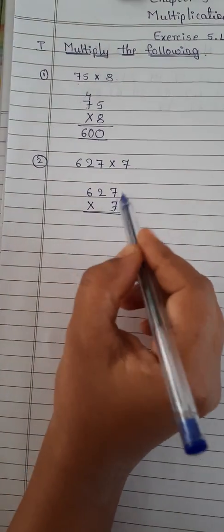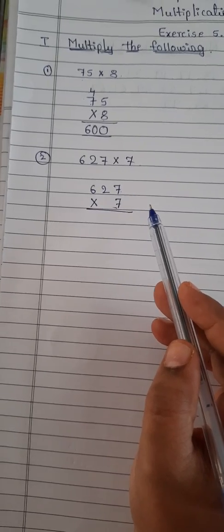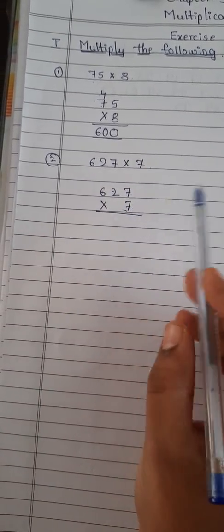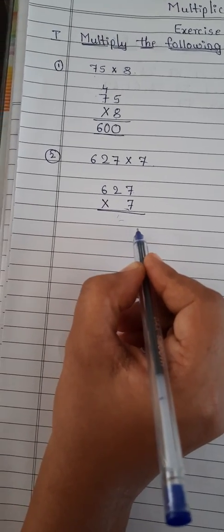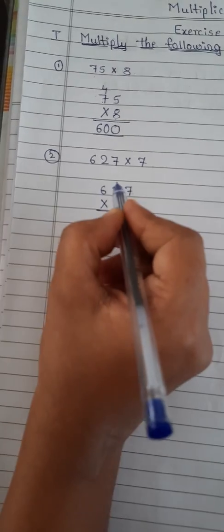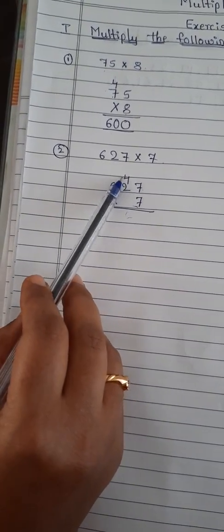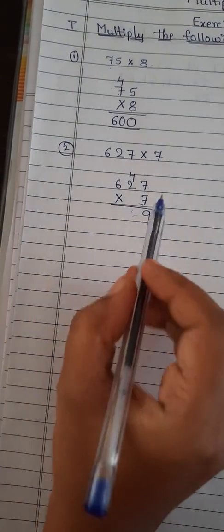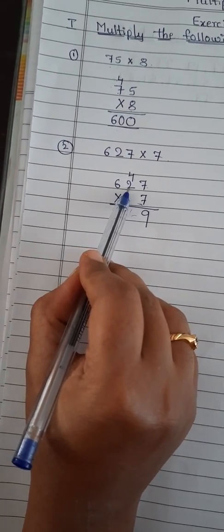Same. 7 7s are, say 7 1s are 7, 7 2s are 14, 7 3s are 21, so 7 7s are 49. How to write 49? We cannot write 49 here. So we carry 4 to the next number and write 9 here. 7 2s are 14.